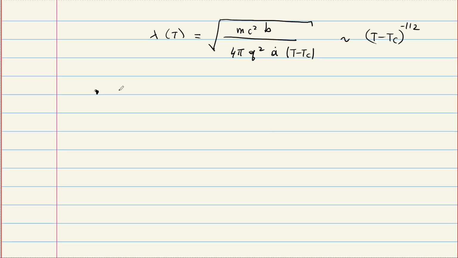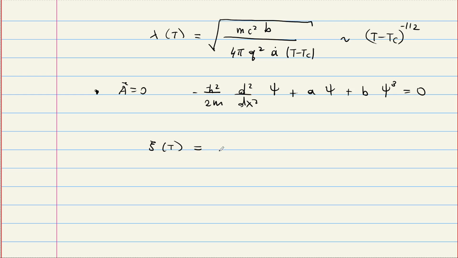Let's set A equal to 0, and for simplicity use 1D: h bar squared over 2m d squared dx squared psi plus a psi plus b psi cubed. We also solved this equation, and from here we found a second length scale, which we call the superconducting coherence length.